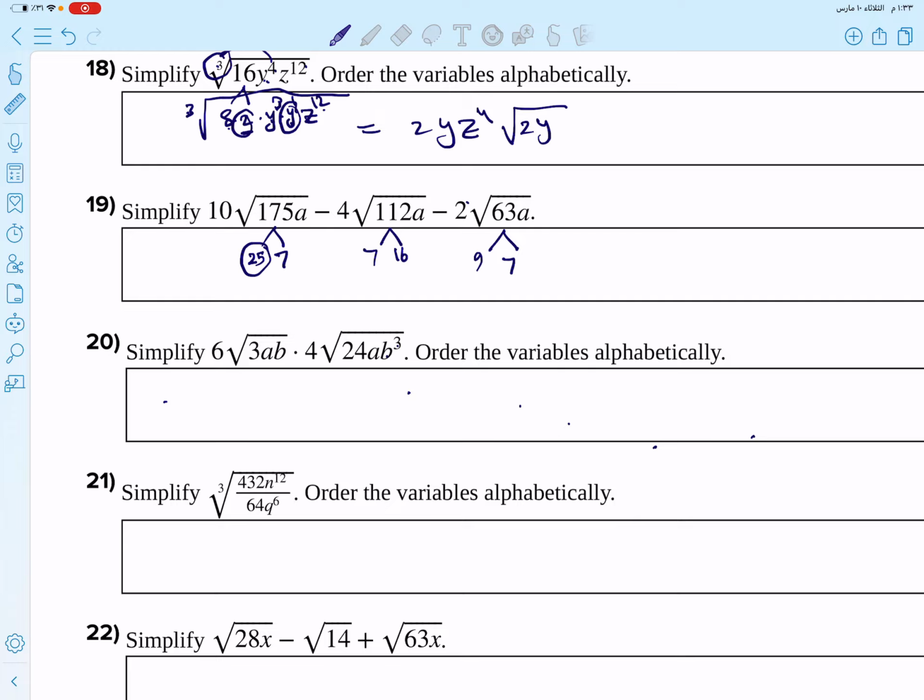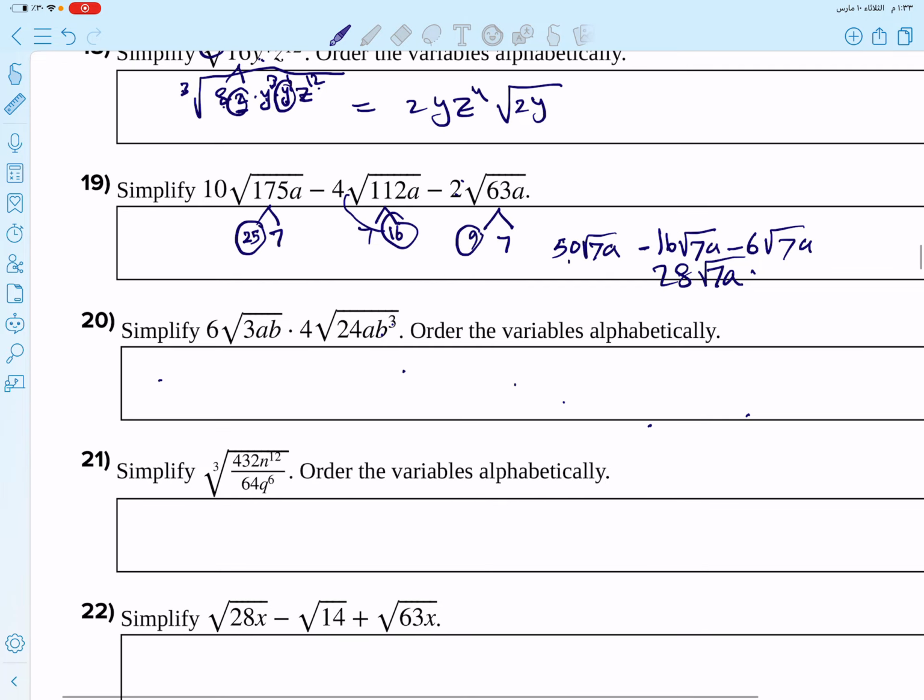The square root of 25 is 5, times 10, so 50 square root of 7a, minus 16, 4 times 4 outside, 16 square root of 7a. Now, 9, square root of 3 times 2, negative 6 square root of 7a. Now 50 minus 16 minus 6, 28 square root of 7a.